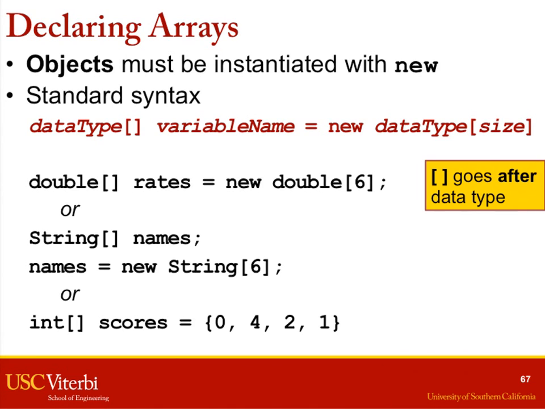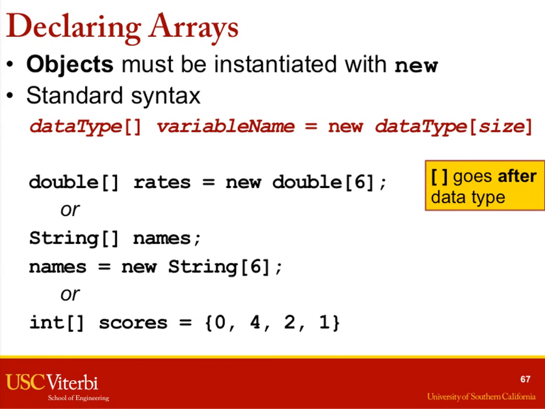There is a shorthand, and that's if you have an array and you know what the elements are going to be. You can do this, and this could be strings as well. I mean, it could be different types. But int, so I'm creating an array of ints, named scores, and then these are going to be my elements. You put these in curly brackets, this is a special case, and it does it automatically. It basically says, oh, you have 4 elements, I'm going to create 4 elements for you.